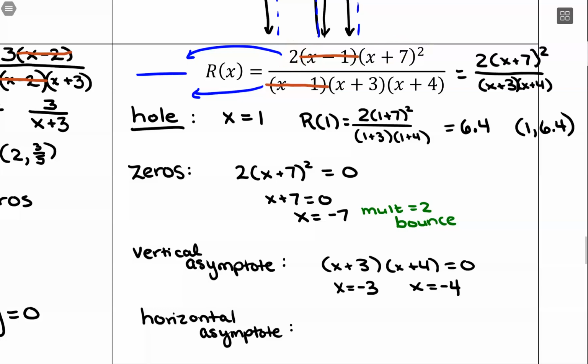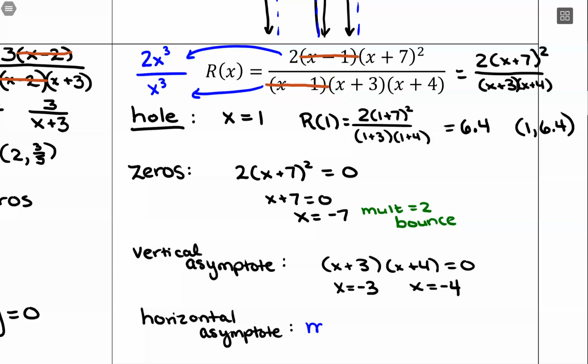But really, this leading term is going to come from just multiplying those x values together. We also need that number that would be multiplying on as well. So in the numerator, we'd have this leading term of 2x cubed, sorry. We have x times x squared. And in the denominator, we would have x times x times x. So there's no extra number multiplying outside. So that would just be x cubed.